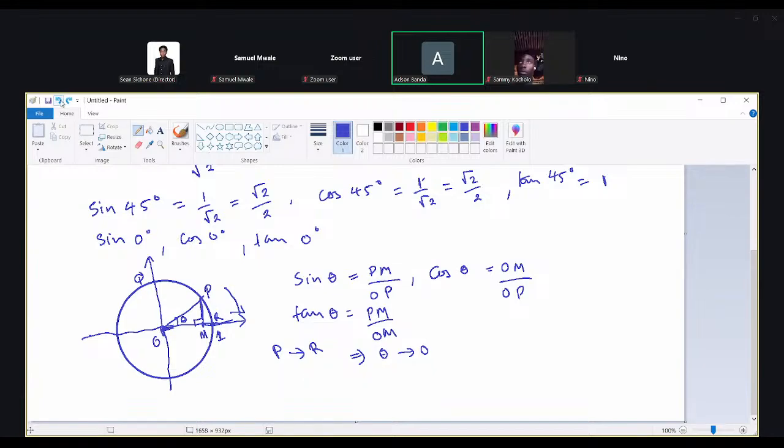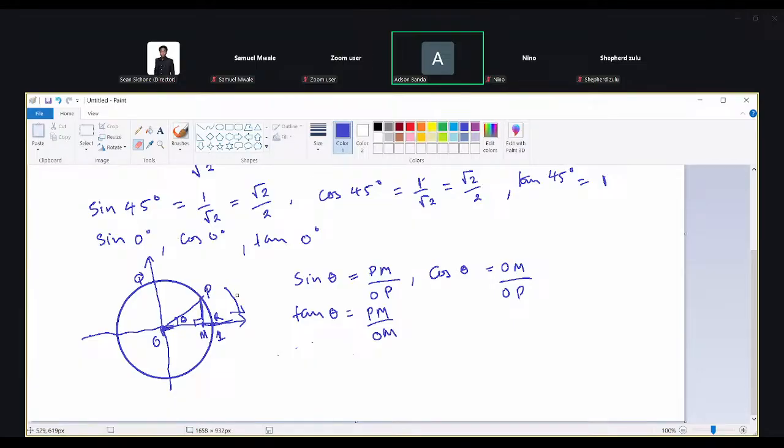So I'll erase some of the things that we have. Right, so again, those ratios are still the way they are. We'll leave them as they are. Now we want to consider 90 degrees.